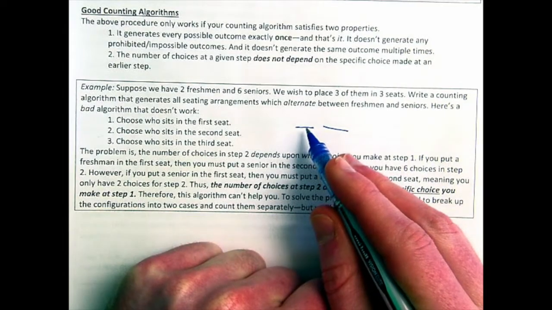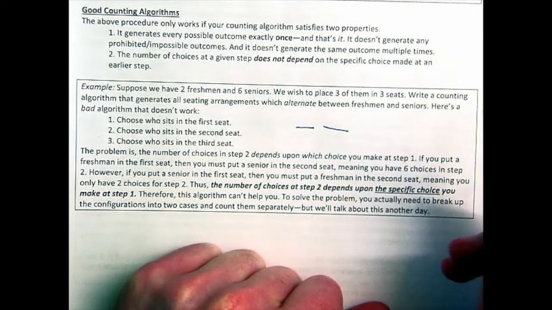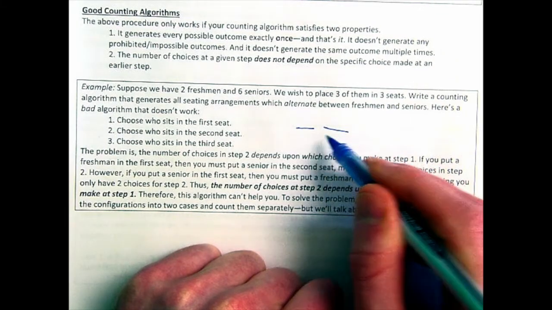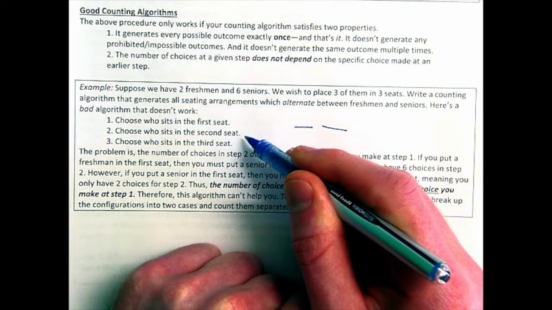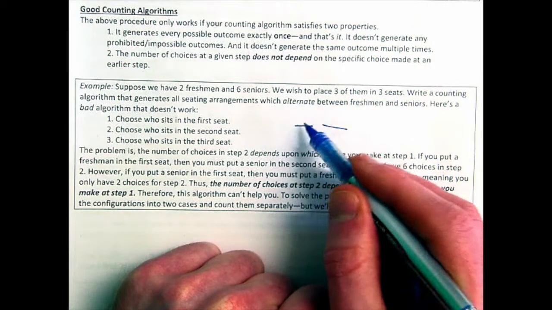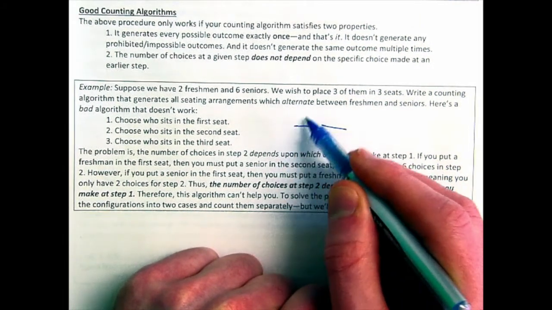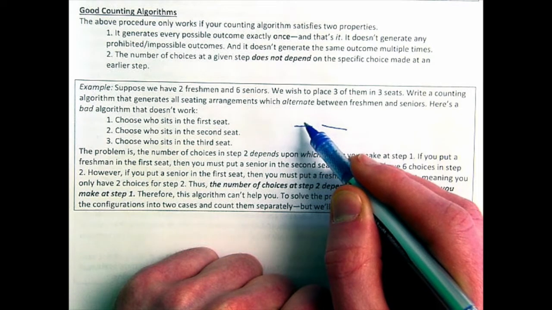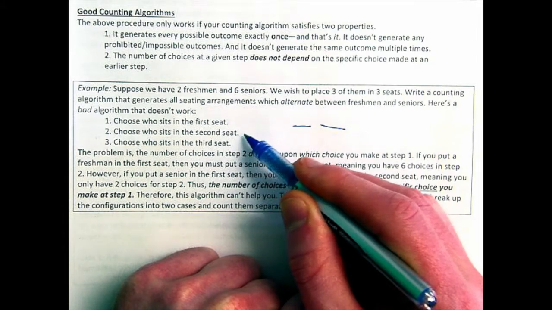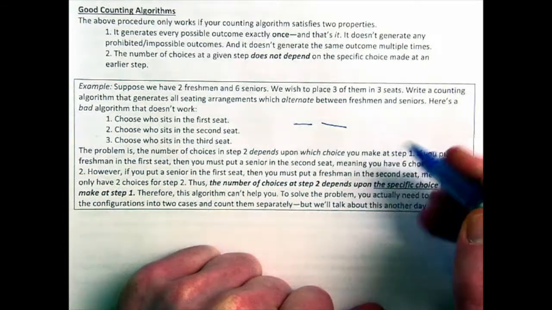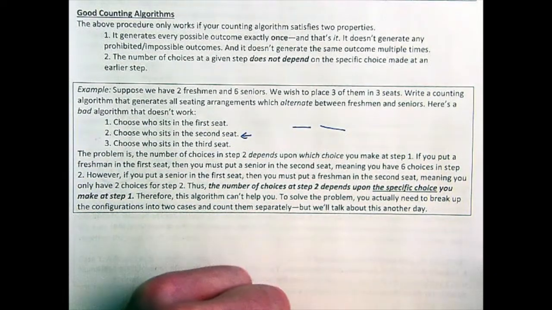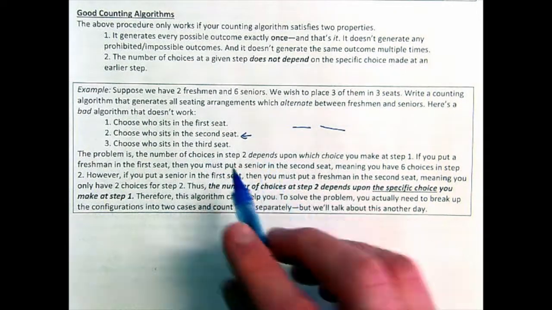If you put a freshman here, then you've got to put a senior in the next one, meaning that you have 6 choices at this step, because there are 6 seniors. On the other hand, if you put a senior in the first seat, then you would have to put a freshman in the second seat, which means you would only have 2 choices for step 2 because there are only 2 freshmen. So the number of choices you have at step 2 depends upon the specific choice you make in step 1.